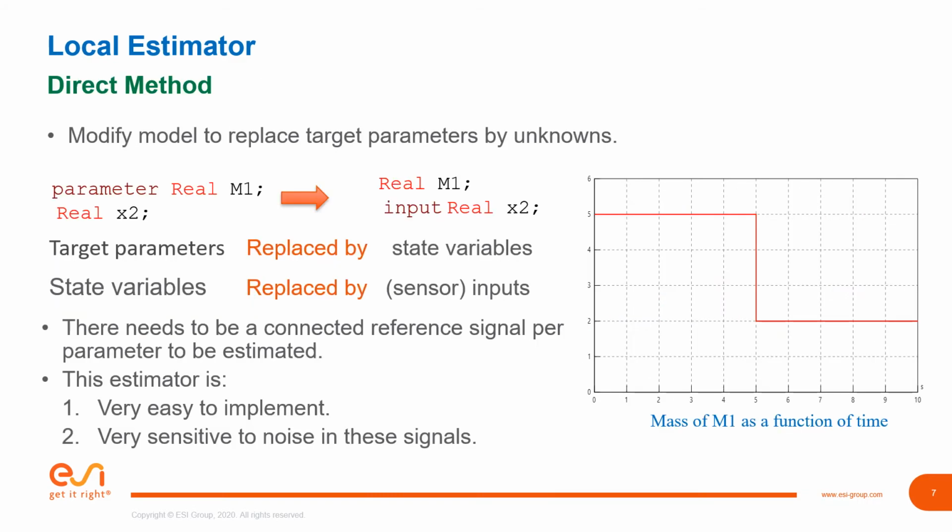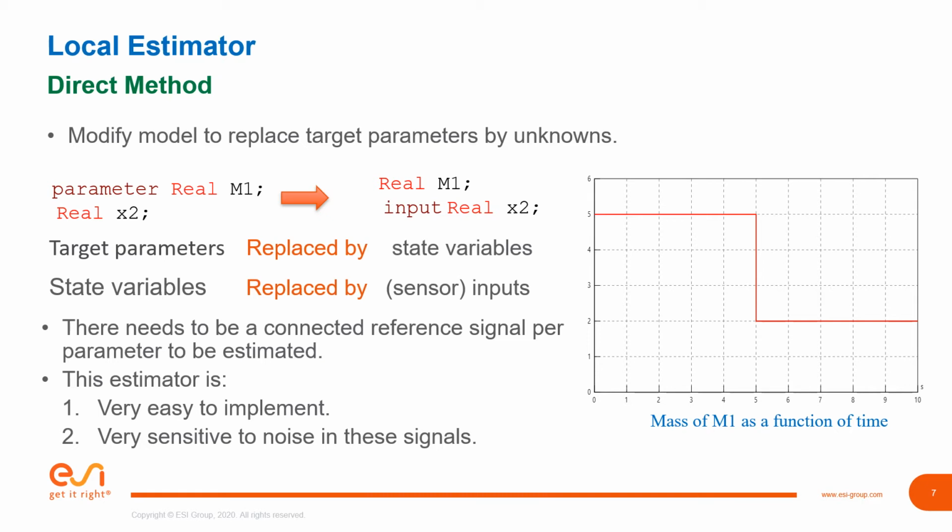We started with the direct method, and the direct method works just by modifying the target parameters to make them unknowns. Now, if we make the target parameters unknowns, that means we'll increase the number of unknowns, and in Modelica, the number of unknowns should be equal to the number of equations. So to avoid that, what we can do is change the parameter.